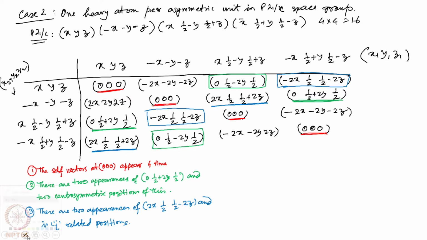And then in the point number 4, we can note that there are 4 vectors of the type 2x, 2y, 2z with different signs.